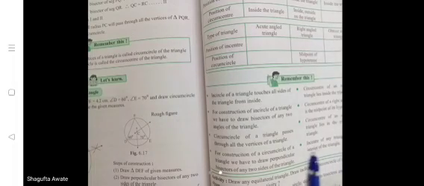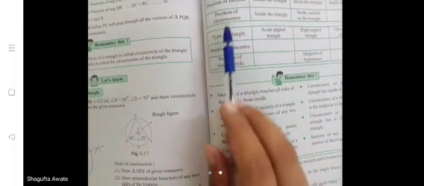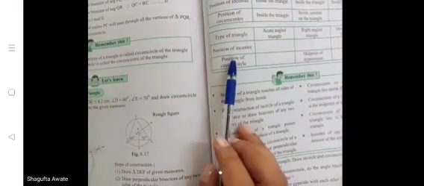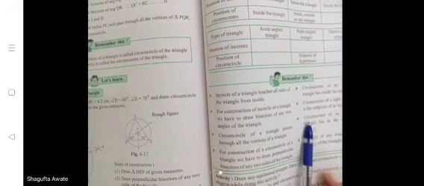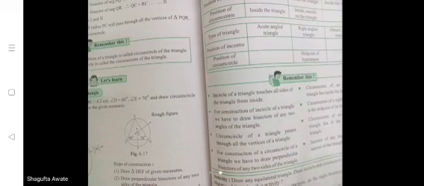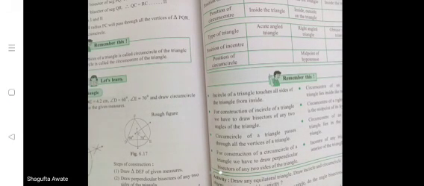The incenter of any triangle lies in the interior of the triangle, and the position of the circumcenter for the acute angle triangle is inside the triangle, for the right angle triangle it is the midpoint of the hypotenuse, and for the obtuse angle triangle it lies in the exterior of the triangle. So here we have revised the fourth property of congruent chords and solved some questions, and we have also revised how to draw the incircle and circumcircle of the triangle.